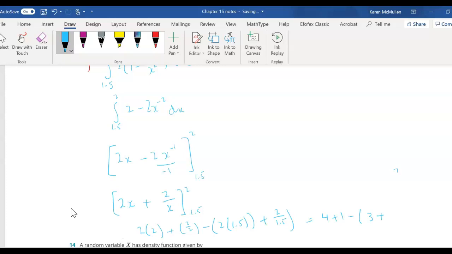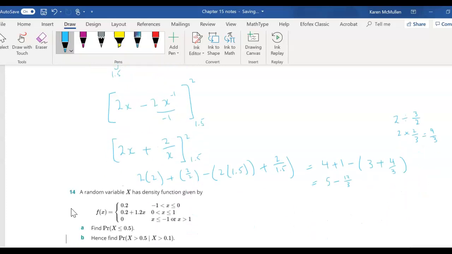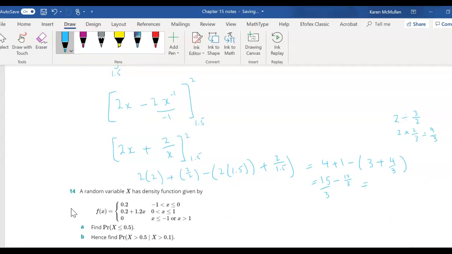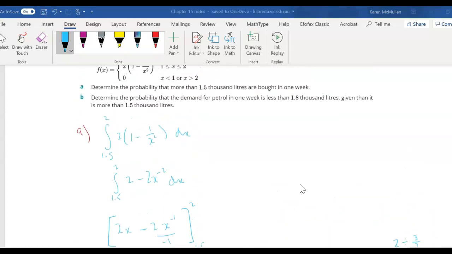I might just do that over the side. So 2 divided by 1.5 is 3 on 2. So it's 2 times 2 on 3. So that's 4 on 3. So 9, 13 on 3. Let's just change that 5 to 15 on 3. So 2/3.